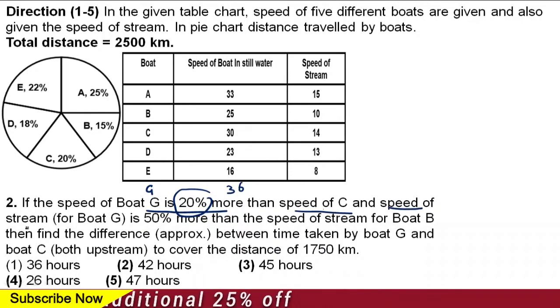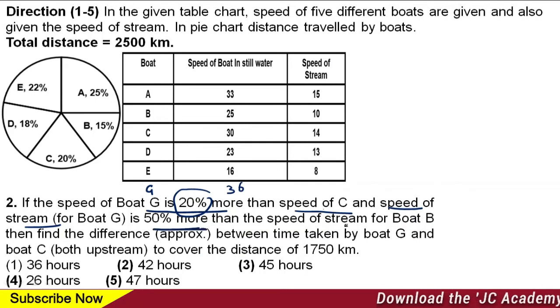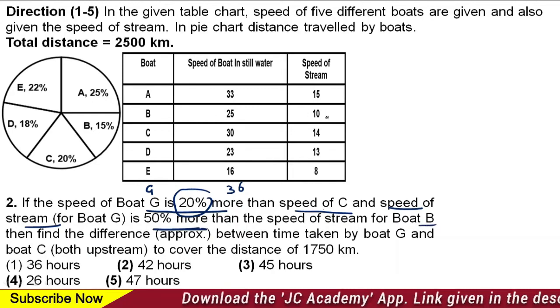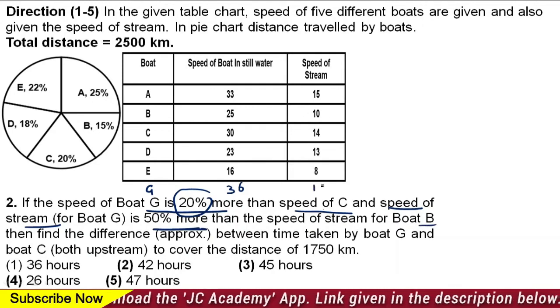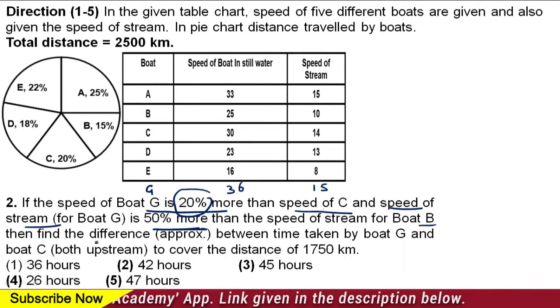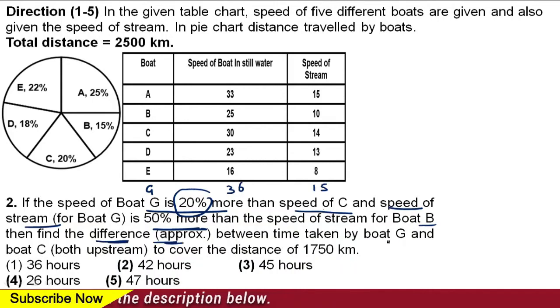And the speed of the stream for boat G is 50% more than that for boat B. So for boat B, the speed of the stream is 10, so 50% more will be 15. Got it? Then find the difference approximately between the time taken by boat G and boat C, both upstream, to cover the distance of 1750 kilometers, right?